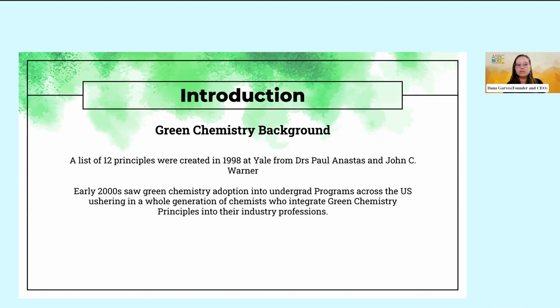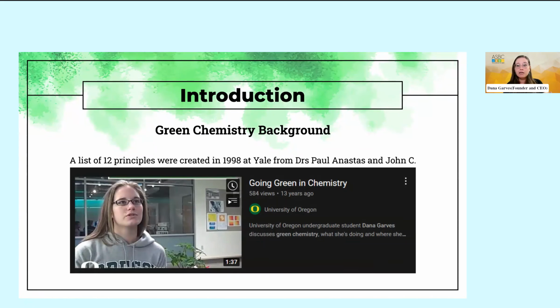The early 2000s really saw green chemistry adoption into undergrad programs across the US, which ushered in this whole generation of chemists who inherently integrate green chemistry principles into whatever chemical profession they went into, including this youngin who's been slinging green chemistry for over 13 years. This is something I've been very passionate about, and hopefully I can convince you to use some of these ideas in your own lab.